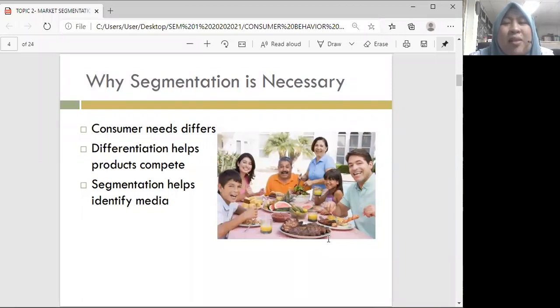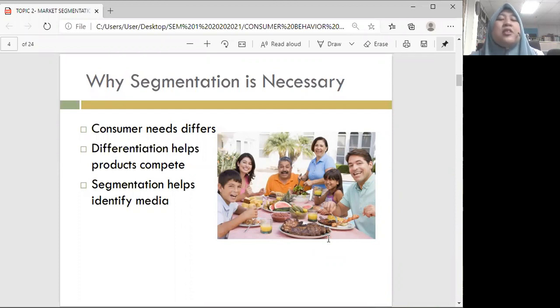If everything were the same, for example if our fingers were only one size and one height, I believe we couldn't even eat rice with our own fingers and hand. Because why? We need them like this, right, so that we can hold our rice and put it into our mouth. So consumer needs differ. That's why segmentation is very necessary.